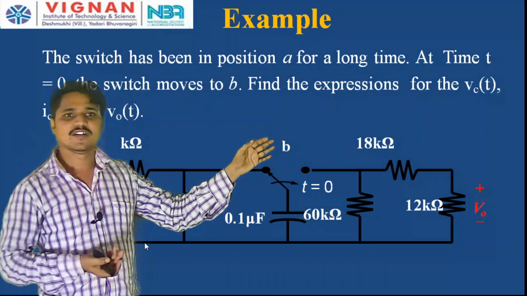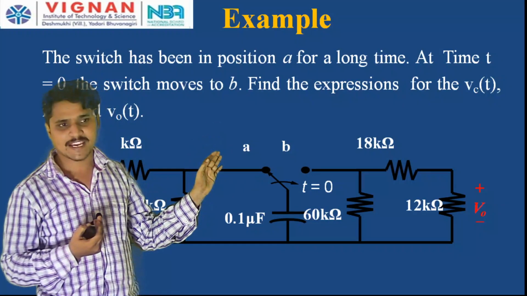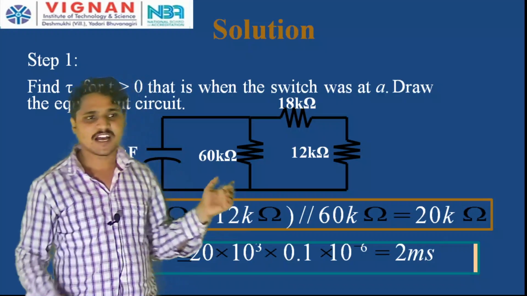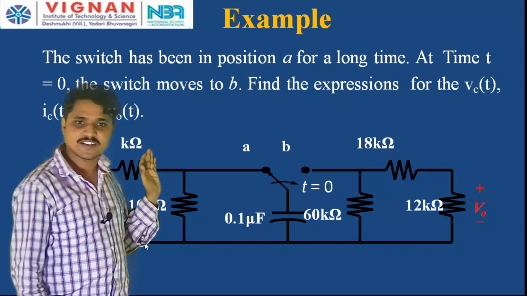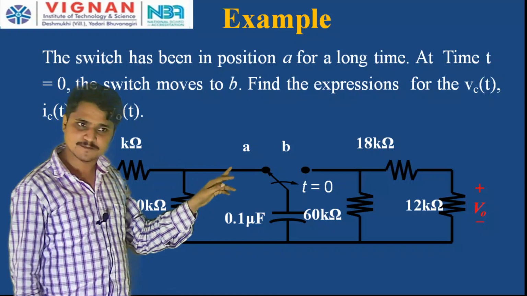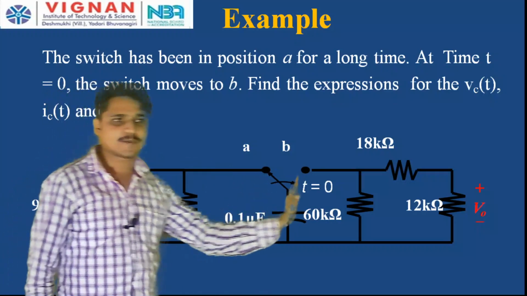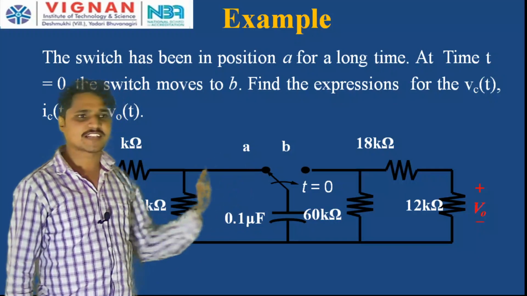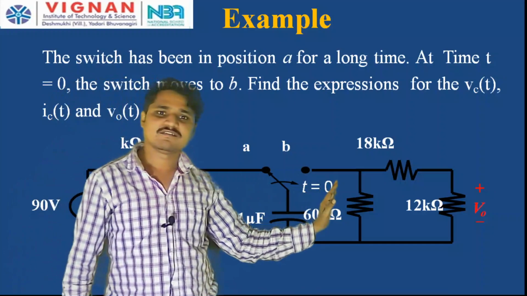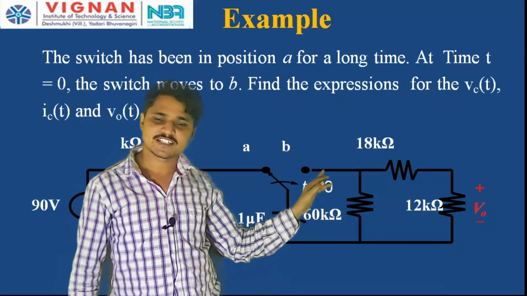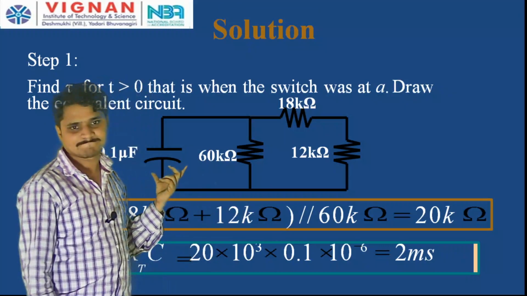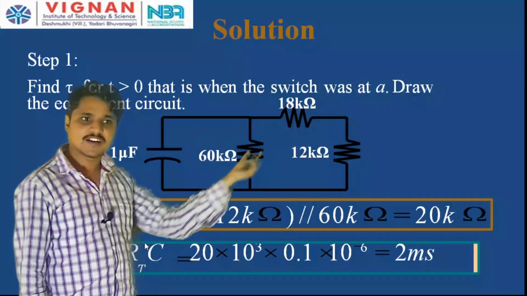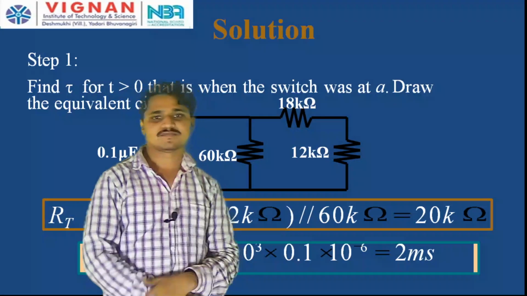T less than 0 means the switch was at position A. At t less than 0, the switch was at A, so this circuit remains eliminated, but at t greater than 0 this circuit is disconnected, and the capacitor is connected to B. So, this is the circuit here, with the same values: 0.1 microfarad capacitor, 60 kilo ohm resistor, 18 kilo ohm resistor, and 12 kilo ohm resistor.